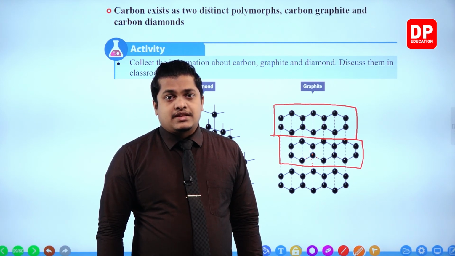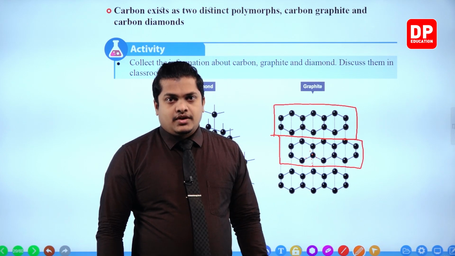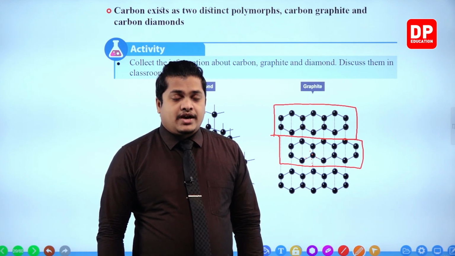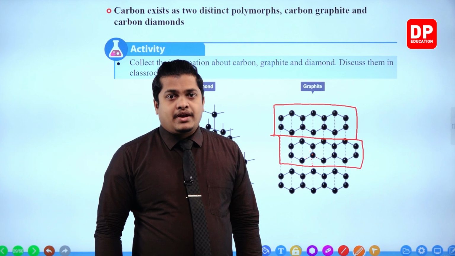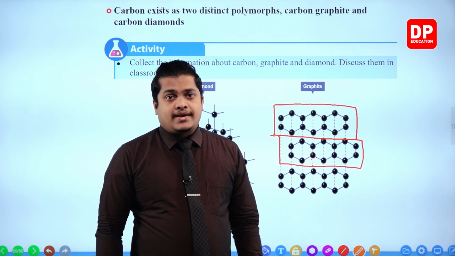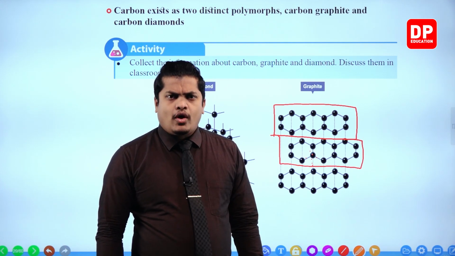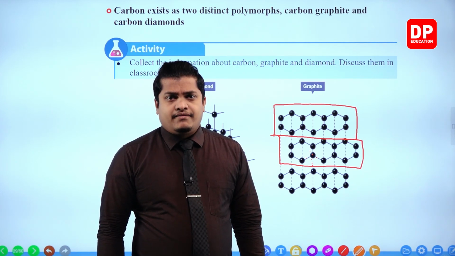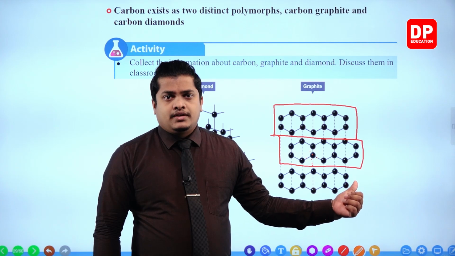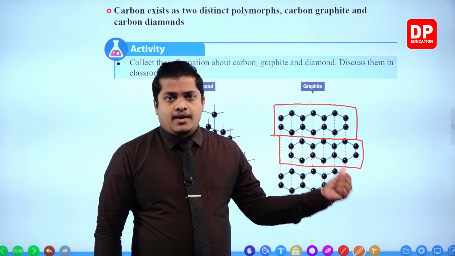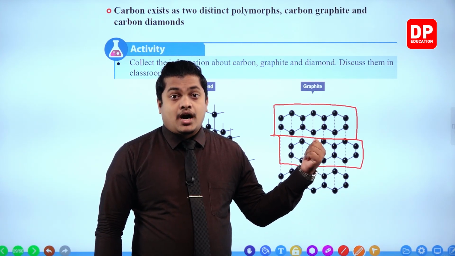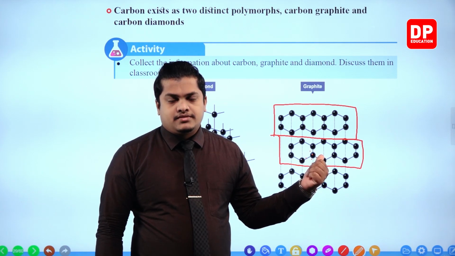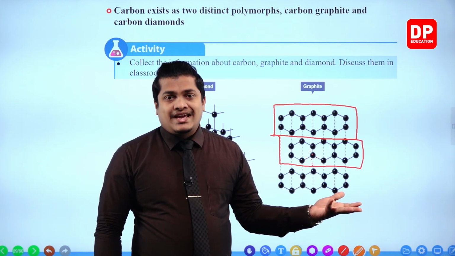We use these things to create lubricating substances like grease and engine oil and other kinds of oils, which are applied to certain types of machines, like gear oils, then brake oils. All of these things are made mainly by utilizing carbon graphite substances, because it has the lubricating ability.